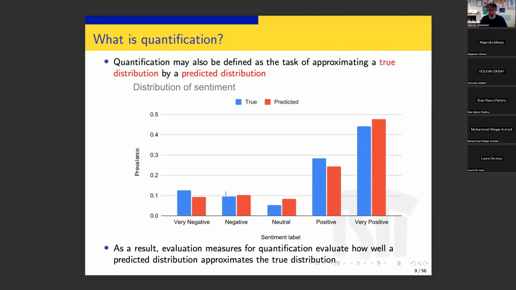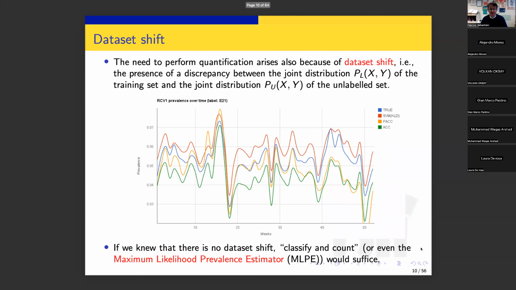So we may view quantification in terms of distributions: the presence of a true distribution and the attempt to approximate it by returning a predicted distribution. As a result, the evaluation measures for quantification will evaluate how well a predicted distribution approximates the true distribution. So we will be confronted with evaluation measures that compare two distributions.